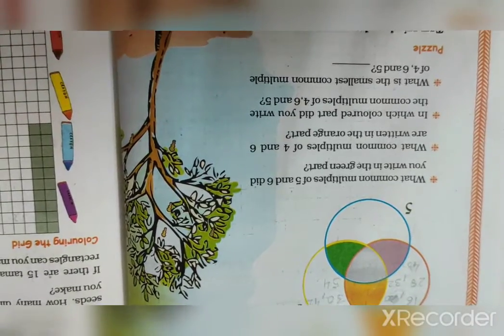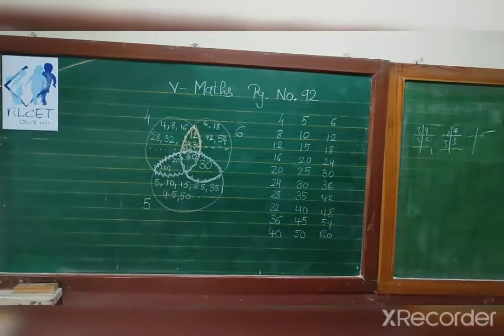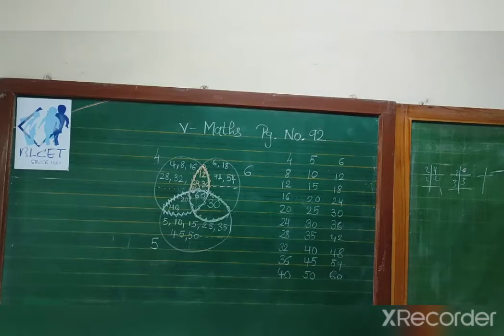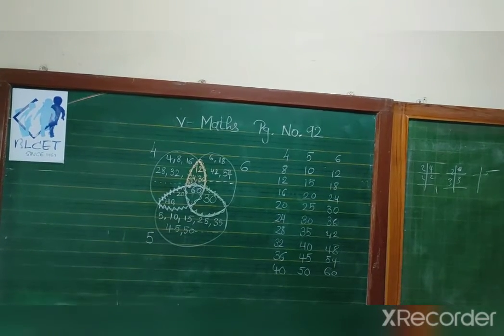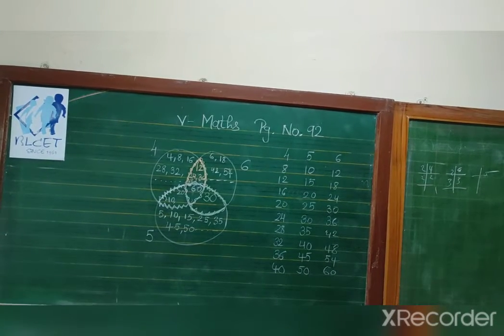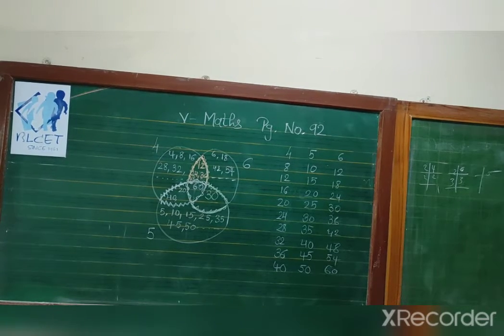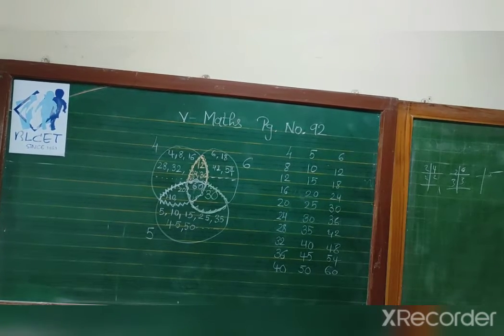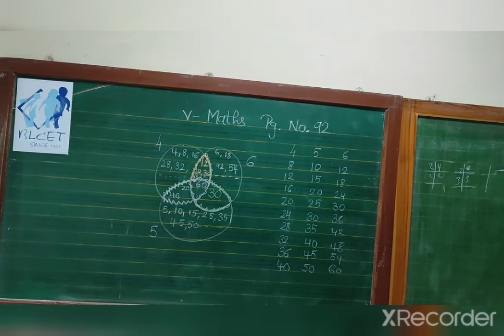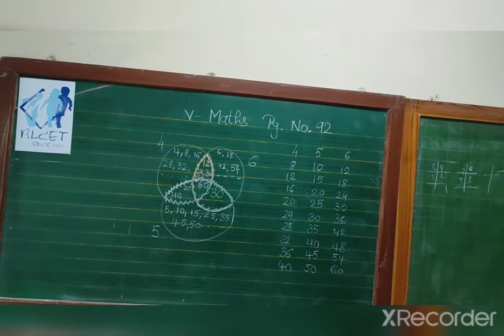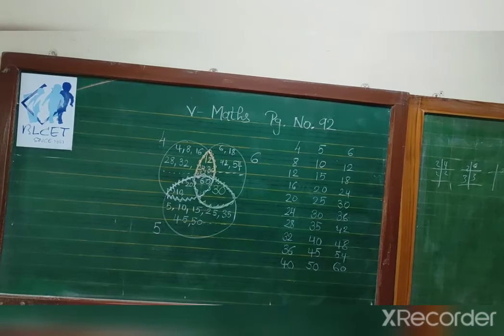So let us start. 5th standard students, now see page number 92. At page number 92, what common multiples of 5 and 6 did you write in the green part? What common multiples of 4 and 6 are written in the orange part? In which colored part did you write the common multiples of 4, 6 and 5?